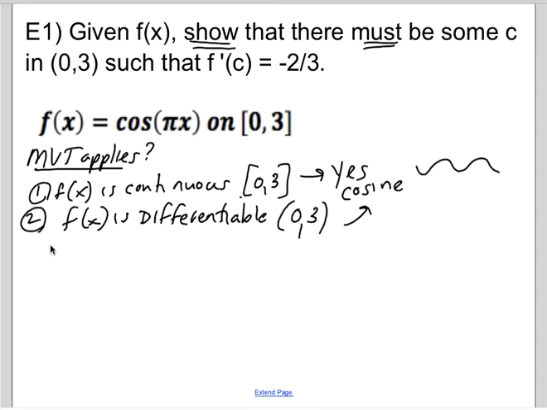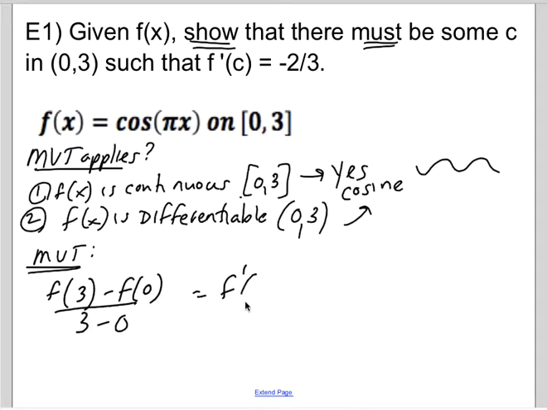It's just a cosine. So once I know that that part's true, I then need to check and see that the average slope is going to be this negative 2/3. So I need to show that f of 3 minus f of 0 over 3 minus 0 equals f prime of c. So now I need to find f of 3 and f of 0. So f of 3 is cosine of 3 pi, which is a negative 1, right?